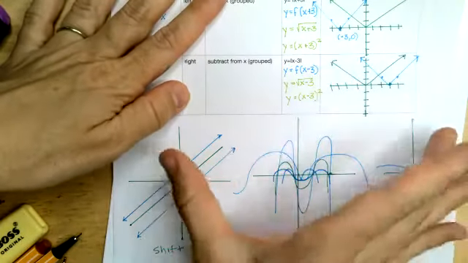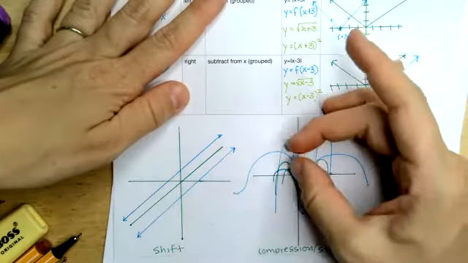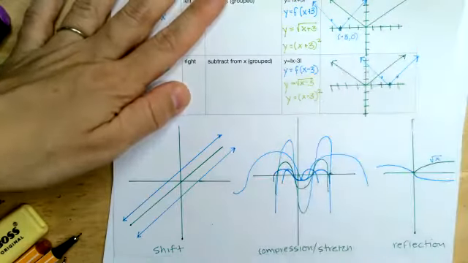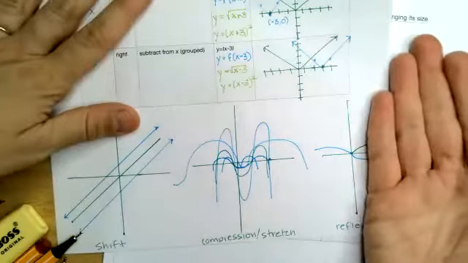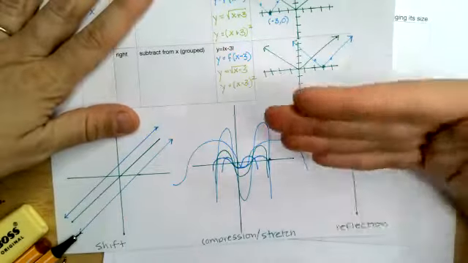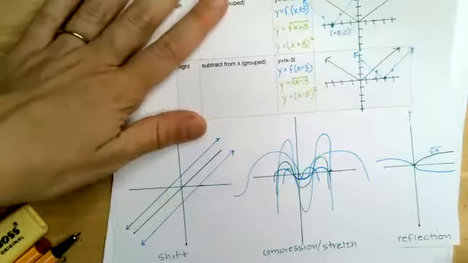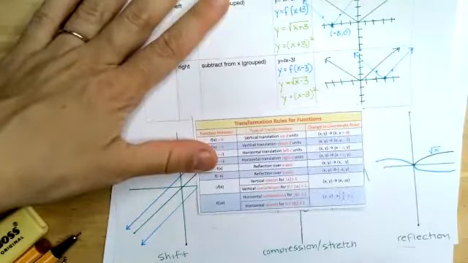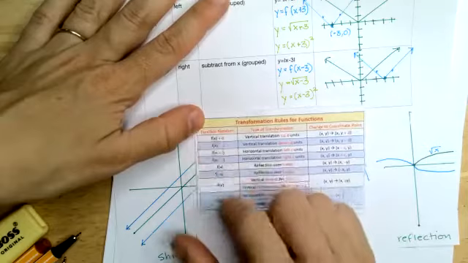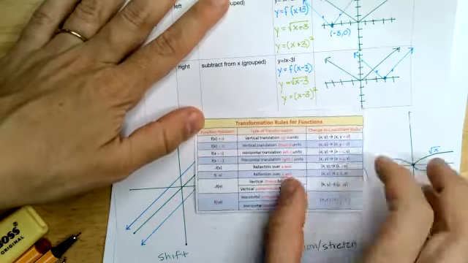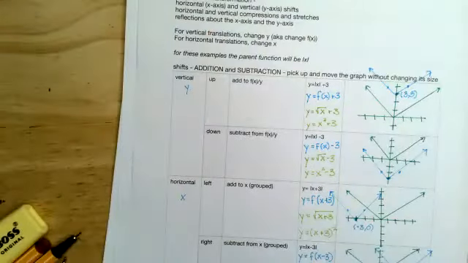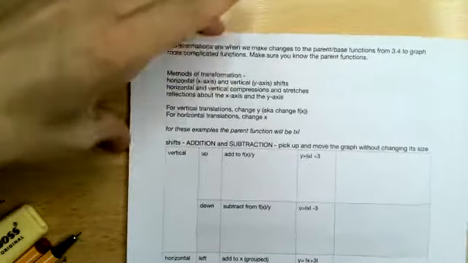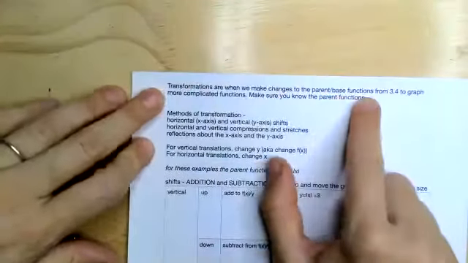It's either stretching it or compressing it on X or Y, or you're flipping it across the Y-axis, or you're flipping it across the X-axis. This is how you change your coordinates. Okay, this is what it looks like when it happens to the equation. But we're going to go over all of that. Don't worry. All right. So transformations are when we make changes to the parent or base functions.